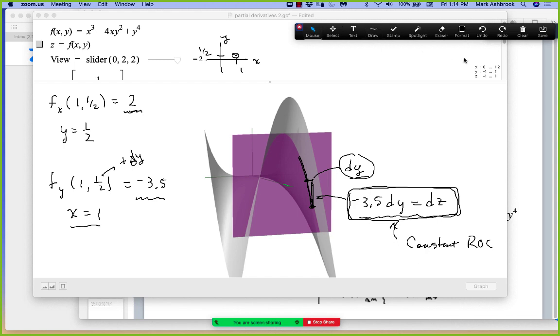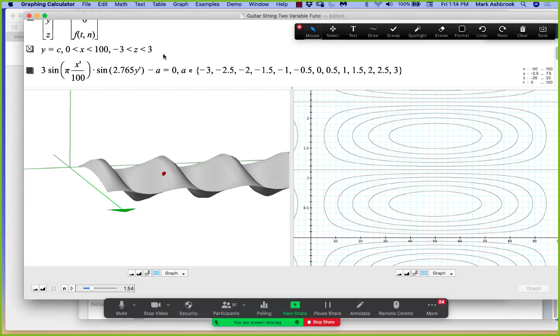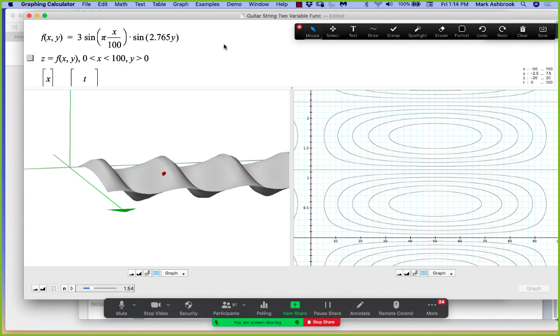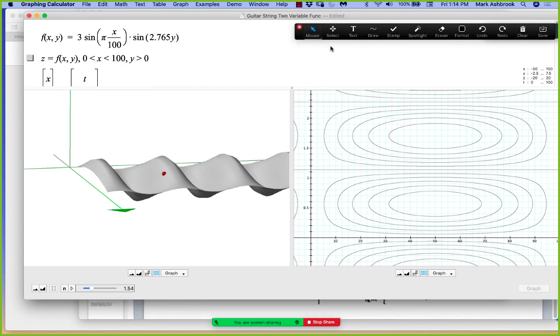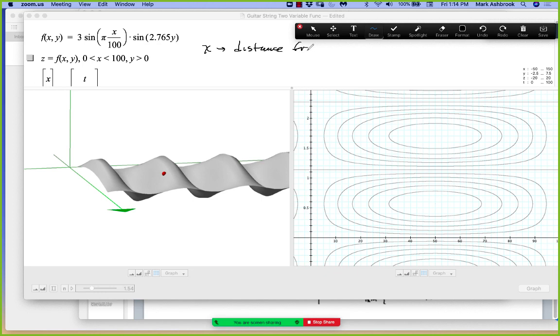Let's look at another example. Let's go back to the guitar string. I've got the graph of that one. Pretty cool. So here's the guitar string function. Remember, that was this function here. And let's just review what the coordinates meant. X was the distance from one end of the string in millimeters.